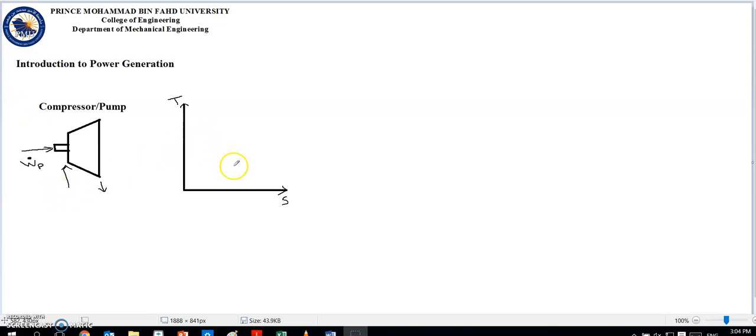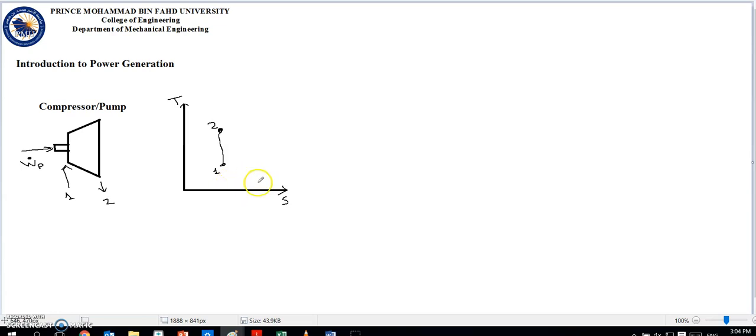On the TS diagram, the compressor takes our fluid from point 1 to point 2. Okay, so that's the ideal compressor without any generation of entropy.